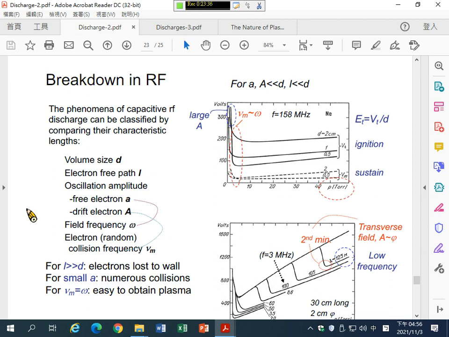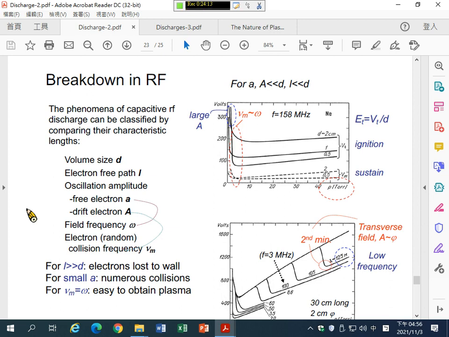If the distance is only 0.5 centimeter, the electrical field is higher than in another system with a distance of 2 centimeters. So to generate plasma for the 0.5 centimeter curve, it requires a smaller voltage. This is the reason there are three curves here.